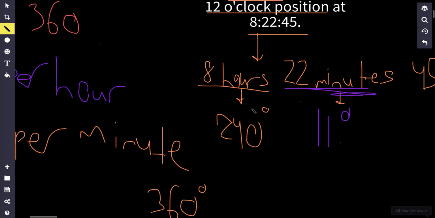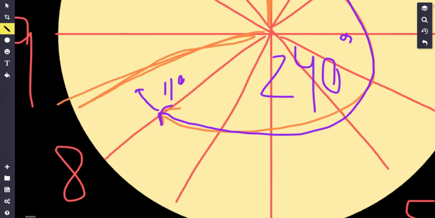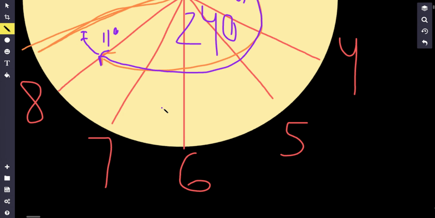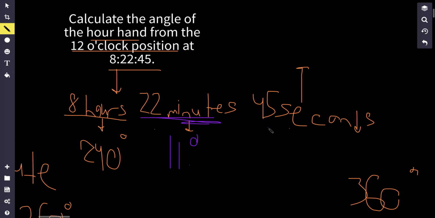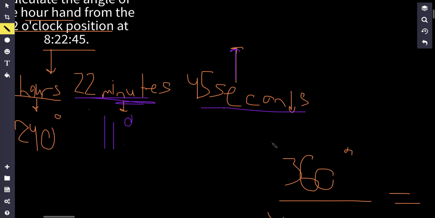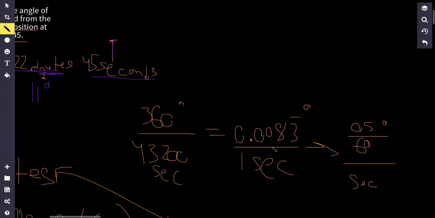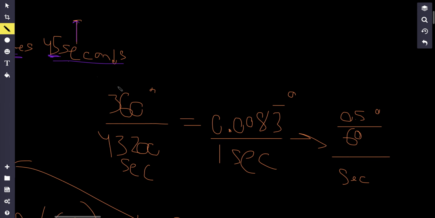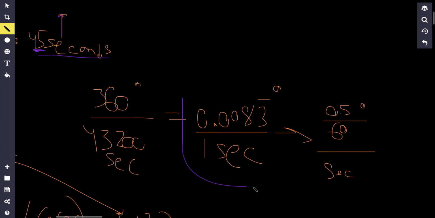All right. Now, what about the seconds part? The seconds part is going to be this little part right over here. For 45 seconds, what degree angle does this make? Well, we said it's 0.0083 repeating degrees per second. So 45 times this conversion factor.